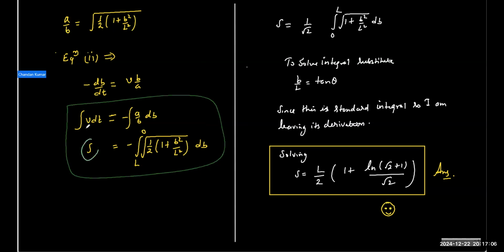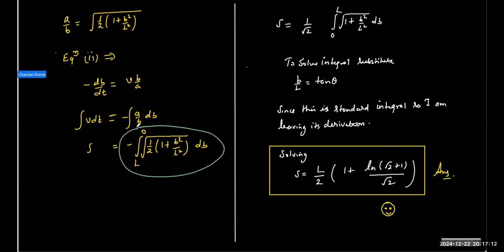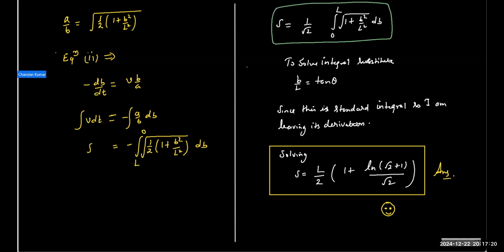So this S is the integration of V dt, the total distance traveled. And this term is very much standard integration. So any standard textbook of mathematics, even NCERT, you can go and find the solution of this equation. And once you substitute the value properly, you will get this answer. So I really enjoyed solving this problem, and I'm sharing the solution.